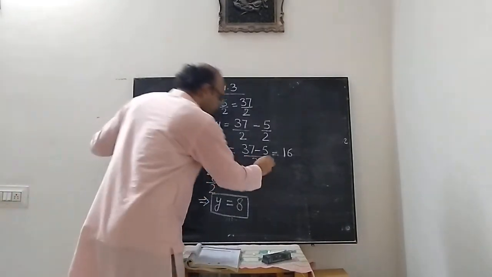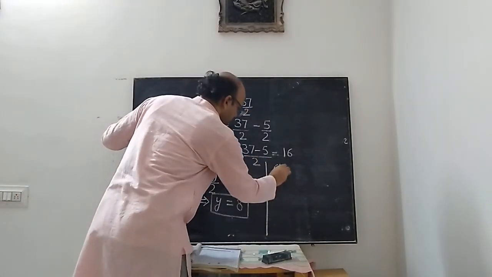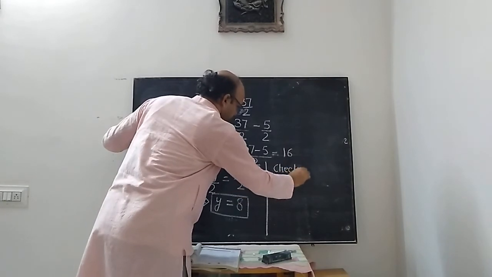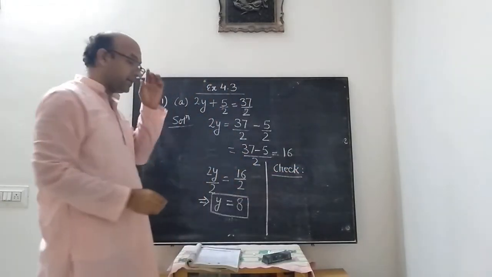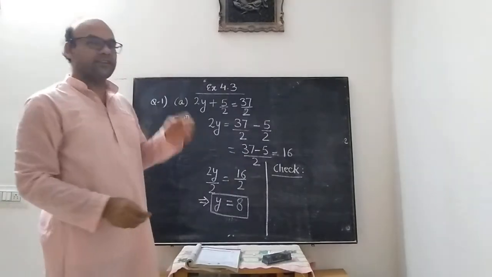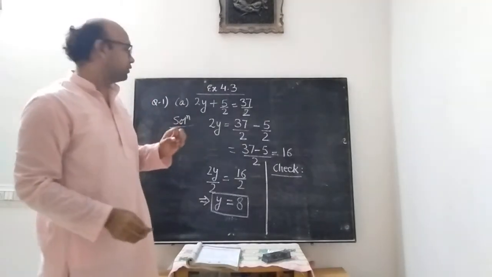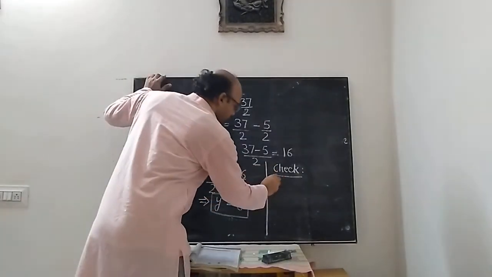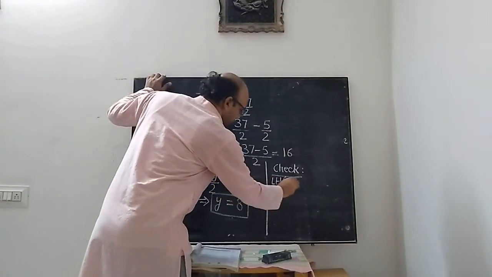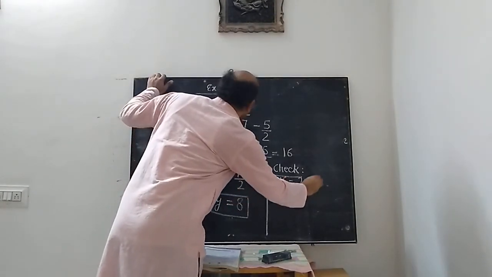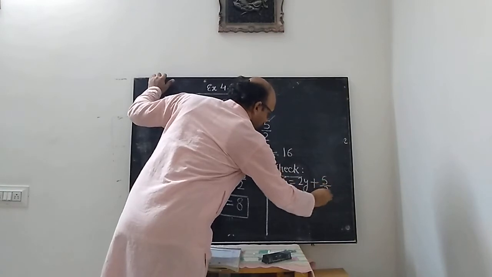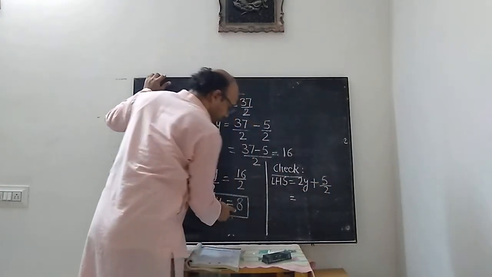The next part is checking your solution. It is important that you check your answers, because in the examination you might find a question where the teacher is expecting you to check your answer also. So we start with LHS. We have 2y plus 5 by 2. We put the value of y that we have found.